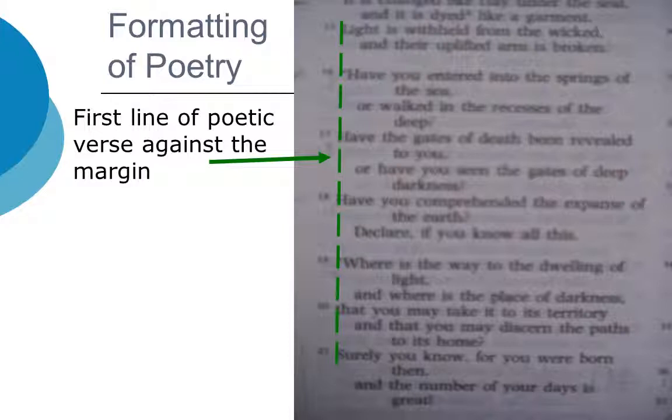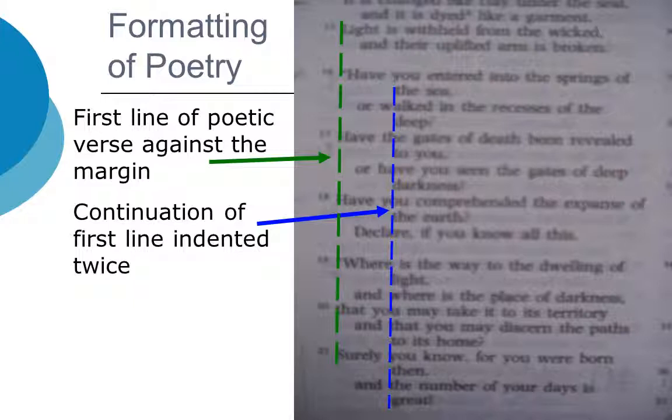And so there's another kind of indentation, a double indentation, where the remaining words of a particular line are indented twice, and you can see that. You have entered into the springs of the sea, and the 2 words "the sea" don't fit in the column, so it is wrapped around and indented twice.